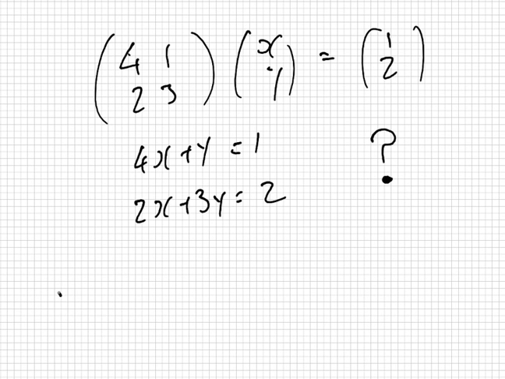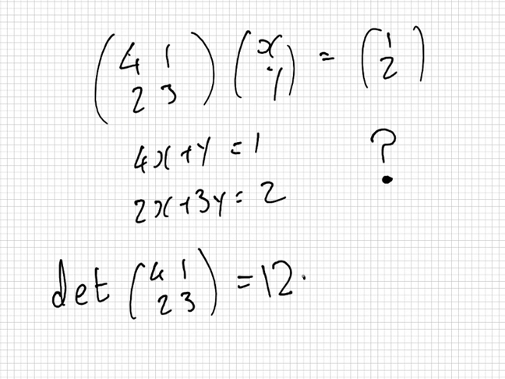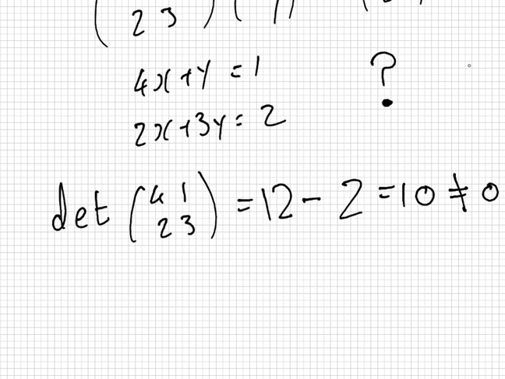So I just go determinant 4, 1, 2, 3. That will equal 12. What's next? Plus or minus? Minus 2 equals 10, which is not 0. So does this have a solution? Will the lines meet? Yeah.